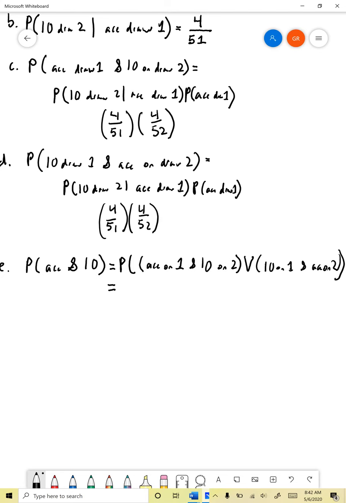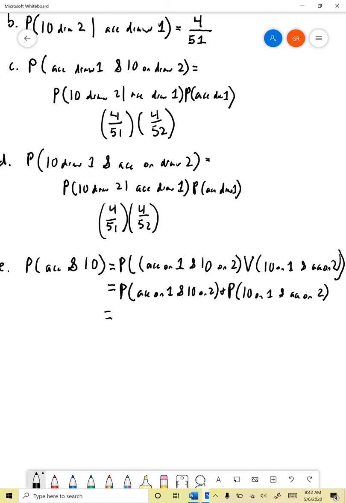These two disjuncts are mutually exclusive. You can't both get an ace and then a 10, and also get a 10 and then an ace. So the probability of their conjunction is 0. That's what really matters. So this is equal to the sum of the probabilities of the disjuncts: the probability of ace on 1 and 10 on 2, plus the probability of 10 on 1 and ace on 2.